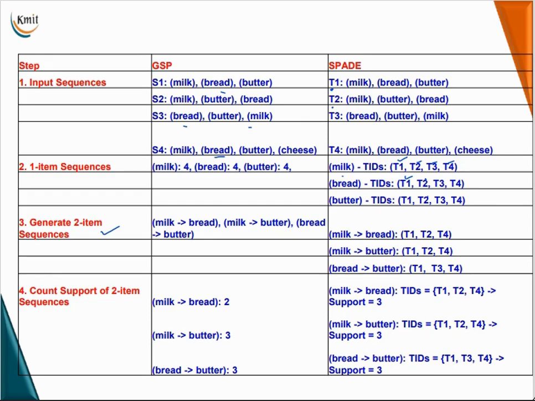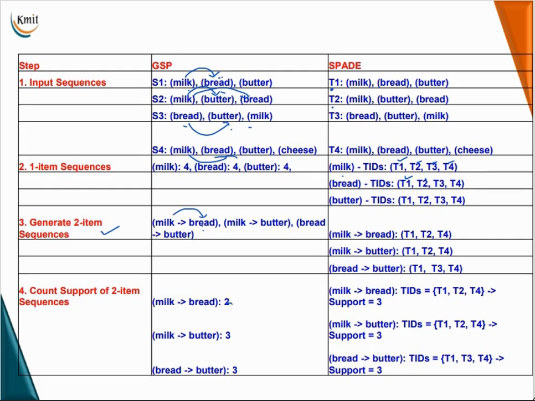Let us generate the two item sequence. So we have milk bread, milk butter, and next bread butter. Milk and bread occur in the first one, second one, and also in the fourth one.